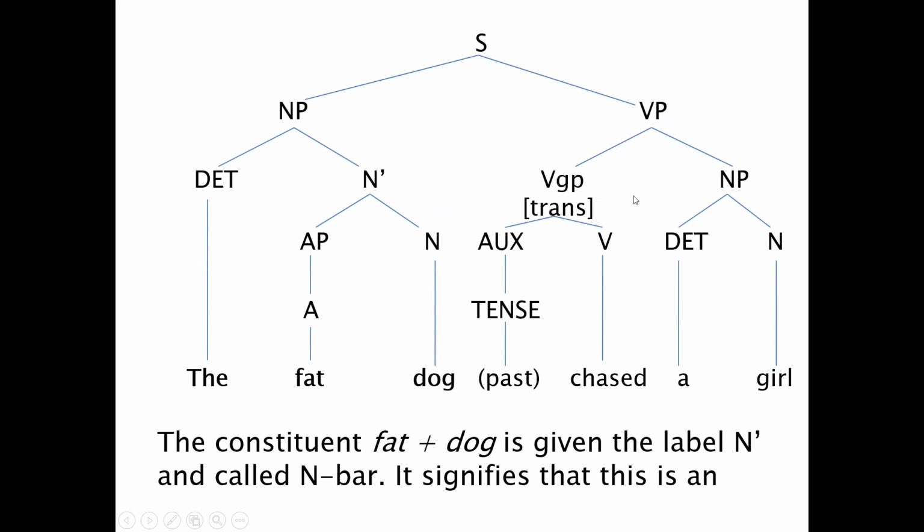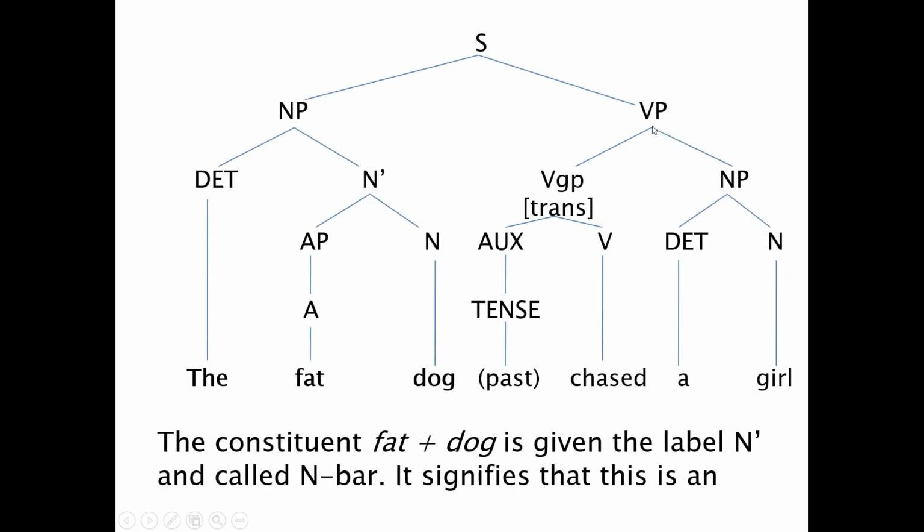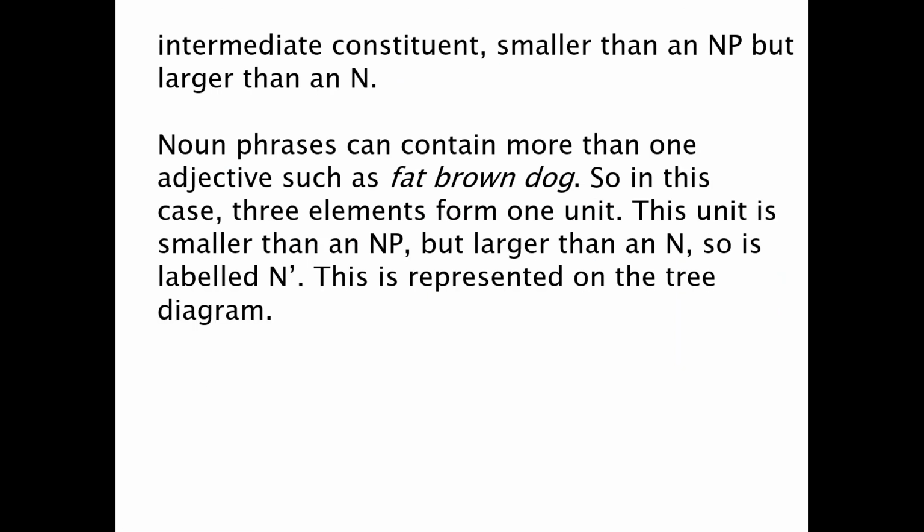Here we have a line, verb and then noun phrase, determiner, noun, a girl, and so on. The constituent fat plus dog is given the label noun bar. It's not important to understand these complicated things, but the point is that you need to understand that a noun phrase can consist of more than 1 element, more than one word.